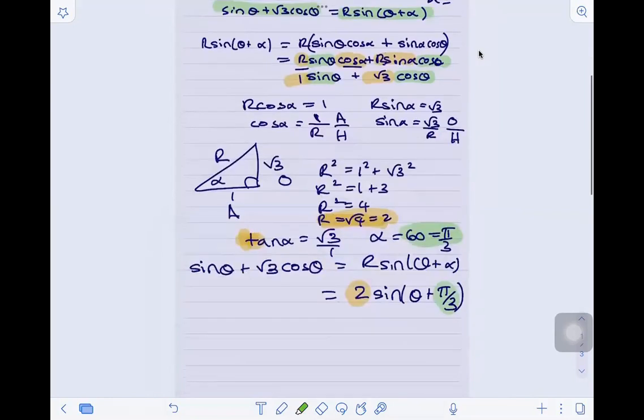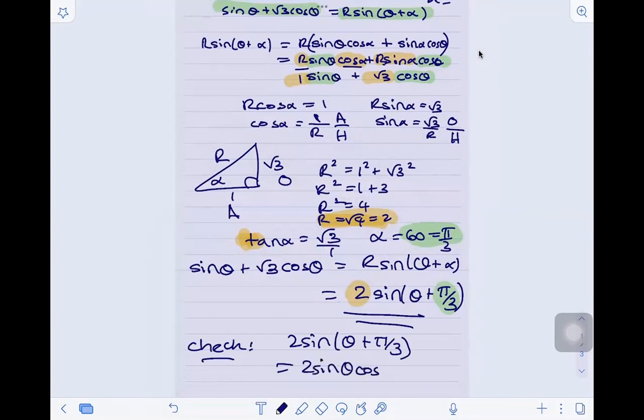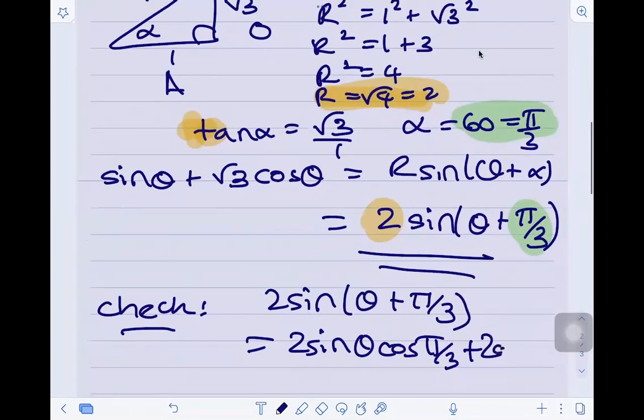Okay. So it equals exactly the same thing. Like if you wanted to check, all you'd need to do is expand this. 2 sine theta plus pi on 3 equals 2 sine theta cos pi on 3, sine same sine, 2 cos theta sine pi on 3. So that's 2 sine theta.